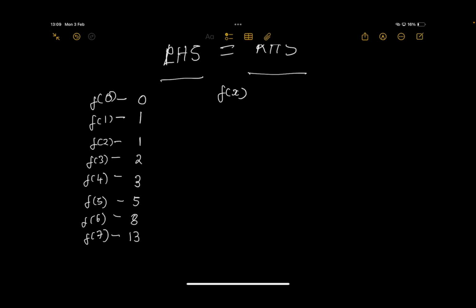So we create a polynomial that gives you 0 if you did it correctly, but not 0 if you did it incorrectly: f of x minus f of x minus 1 minus f of x minus 2. This will be 0 for all values of x if you did it correctly.